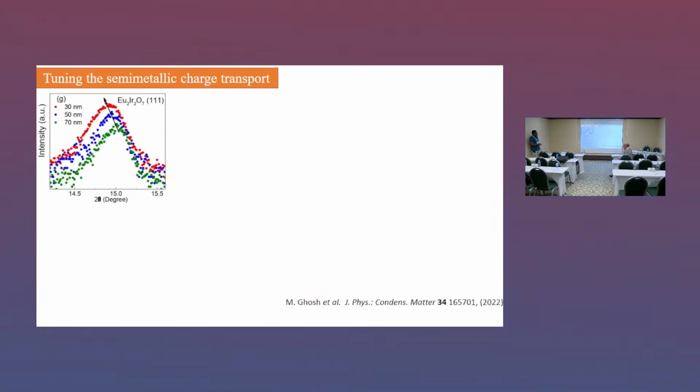Since our sample is a thin film and we are growing at high temperature, like 1000 degrees, when our thickness is smaller, more iridium will have a tendency to go out of the sample, because iridium will become IrO3 in the presence of oxygen. But when we make a thick sample, more iridium will be contained in the sample. That's why the iridium content will be balanced when we grow the thick sample.